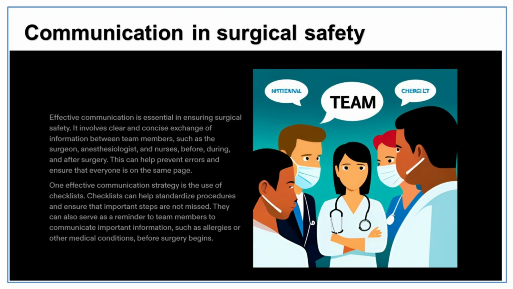As with teamwork, for good communication the checklist is very important. Checklists can help standardize the procedures and ensure that none of the important steps are missed. They can also serve as a reminder to the team members to communicate important information such as allergies or other medical conditions before surgery.